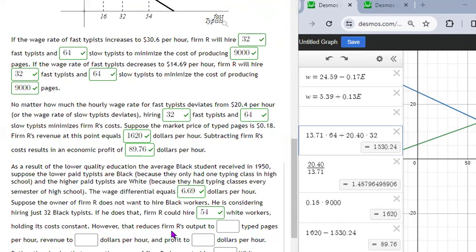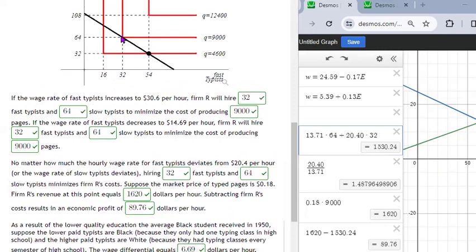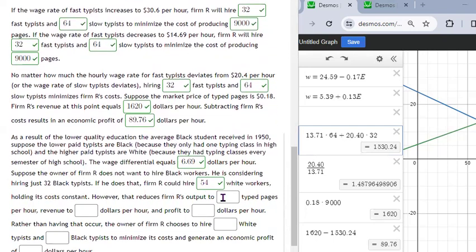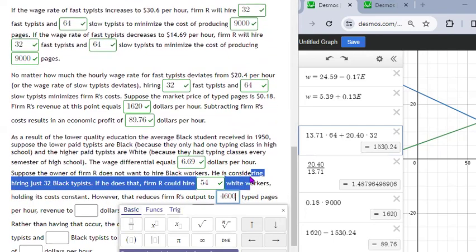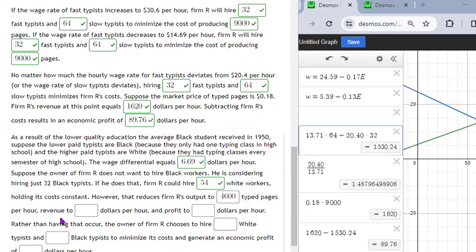However, that reduces firm R's output, right? The firm R's output goes from 9,000 down to 4,600, right? Because this is the output, right? So we have output of 9,000 here, and we've got an output of 4,600 here, right? So the output is only 4,600 typed pages per hour.